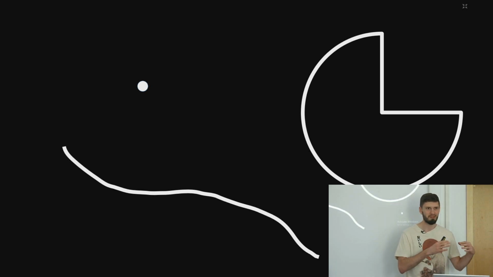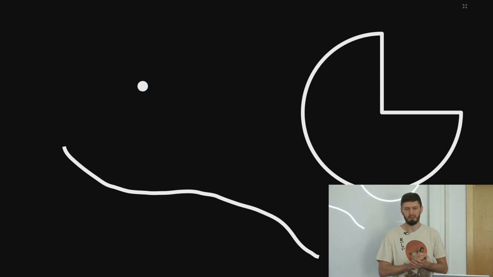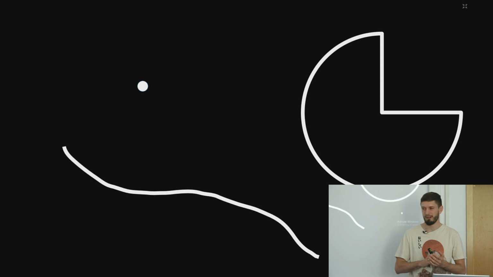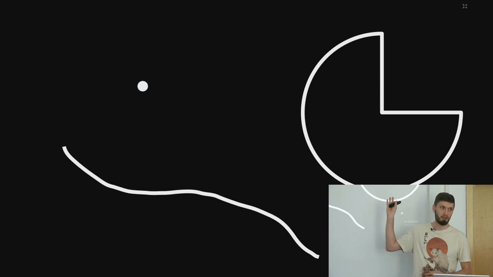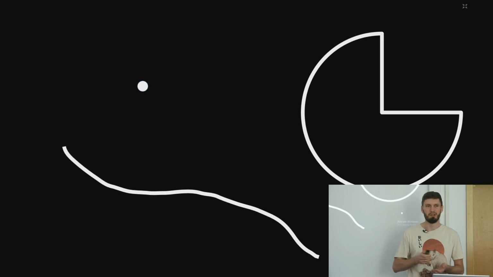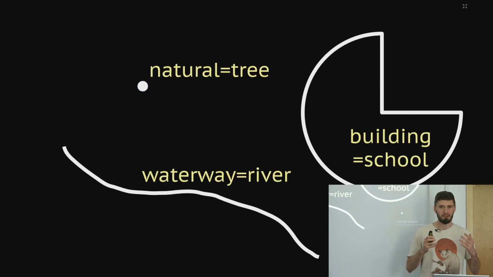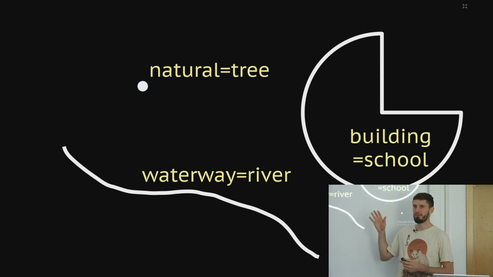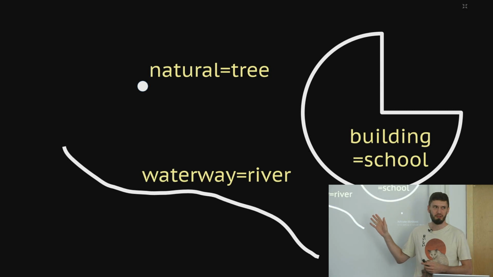How OpenStreetMap is structured. Basically, to not overcomplicate anything, it has points, lines, polygons. These are just geometry without attributes, it doesn't mean anything. So every object in OpenStreetMap has tags. Tags are basically two random strings attached to geometry.